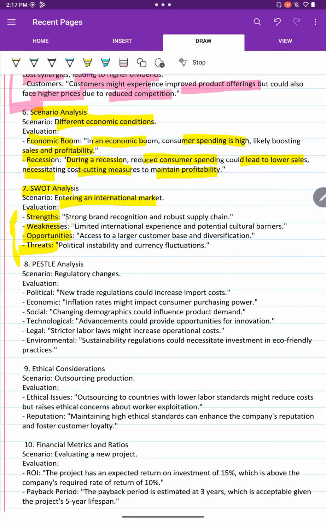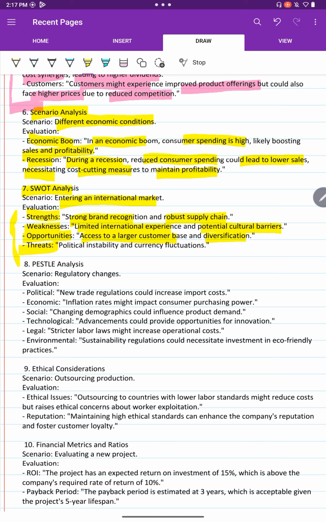It depends upon our strong brand recognition, robust supply chain, limited international experience, and potential cultural barriers. And if you see the opportunities, whether entering this market is successful or not depends on whether we have these opportunities, for example access to a larger market, customer base and diversification.